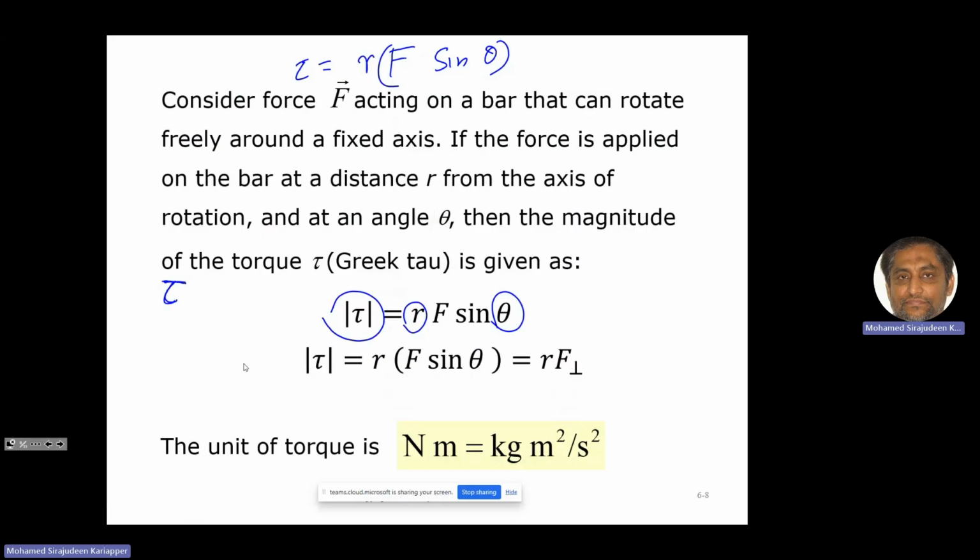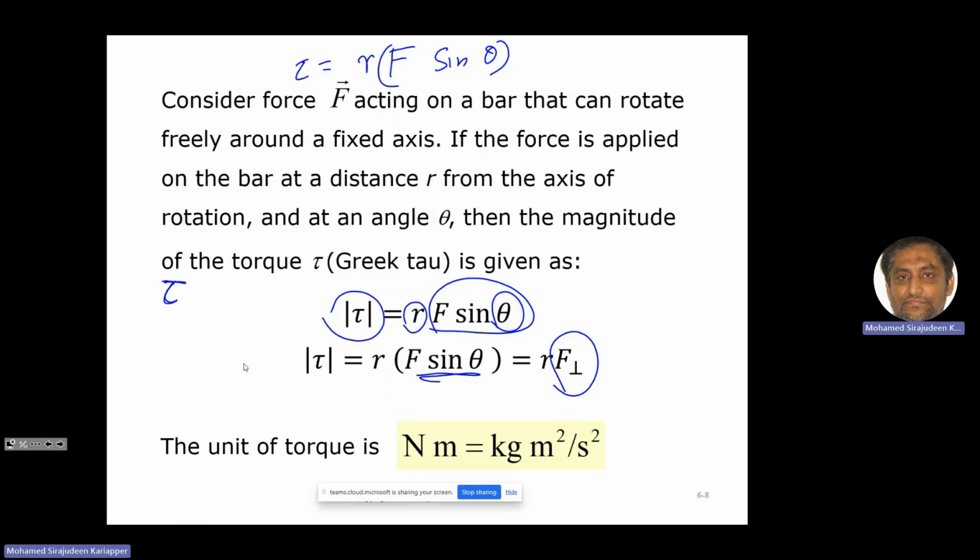So that is the direction of the R. And theta is the angle between the vector R and the vector F. If I combine these two together, it is nothing but the perpendicular force. So you can simply say the torque magnitude is equal to R multiplied by only the perpendicular component of the force. Perpendicular to what? Perpendicular to R.